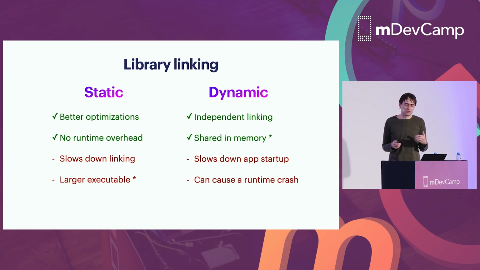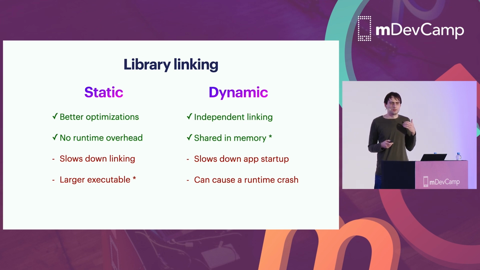And the other disadvantage is that you can run into runtime crashes, mostly during startup, if you misconfigure your application and your build process, because the compiler will assume that you provide the library to the right place where it must be. And if you don't do that, the application will not start and you will get the famous missing DLL crash.